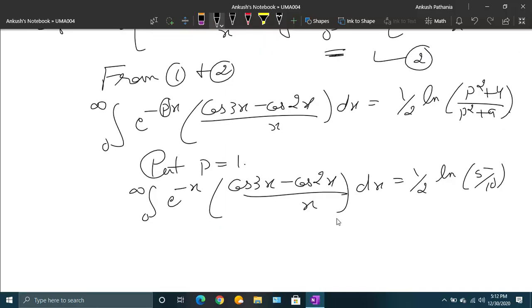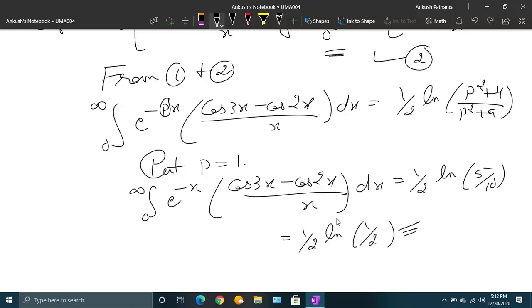It is half ln 1 by 2. So this is our required result that was asked in this question. So again, this is how we can use property 3 and the definition to solve such types of questions.